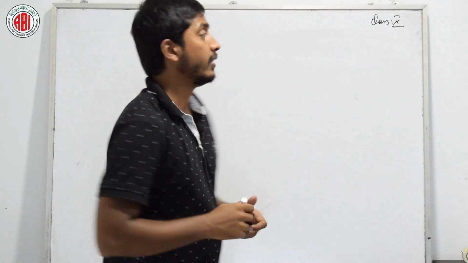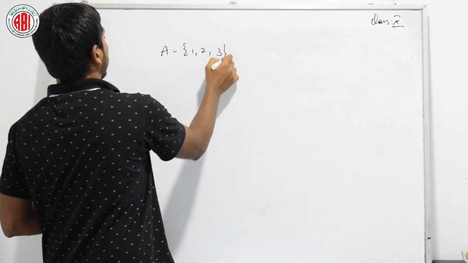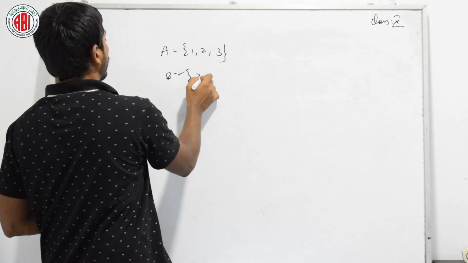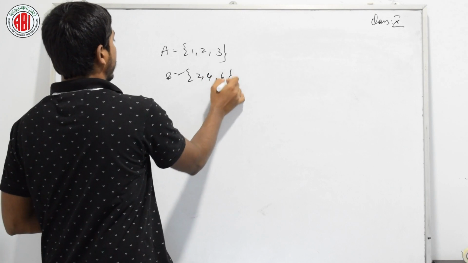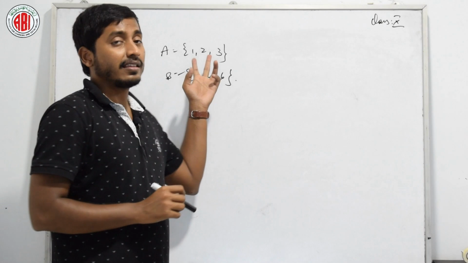See here, there is a set A equal to {1, 2, 3}. There is a set B that is {2, 4, 6}. Then how many elements are there in A?